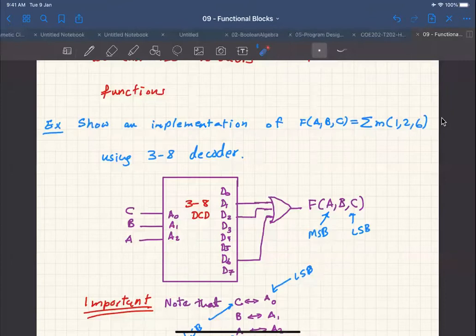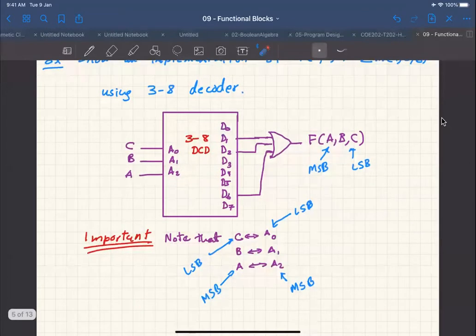Then you take the min-term indices and take the corresponding decoder outputs: D1, D2, D6, because we have min-terms 1, 2 and 6. If you OR these together, this is nothing but the sum, so you get your function.